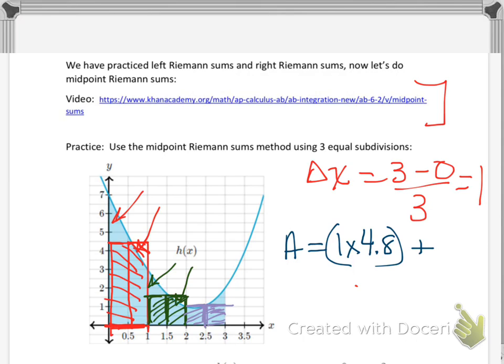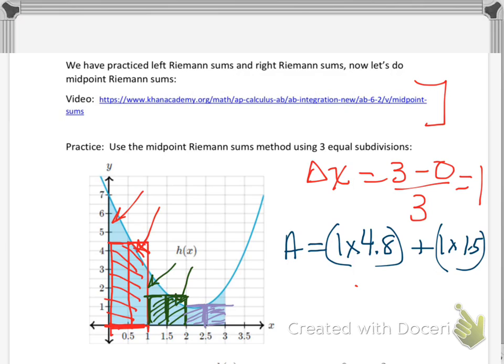It looks like the height is about 1 point, let's see, what's the height? It looks like about 1.5. My base is 1, so 1 times 1.5 will be our second rectangle.